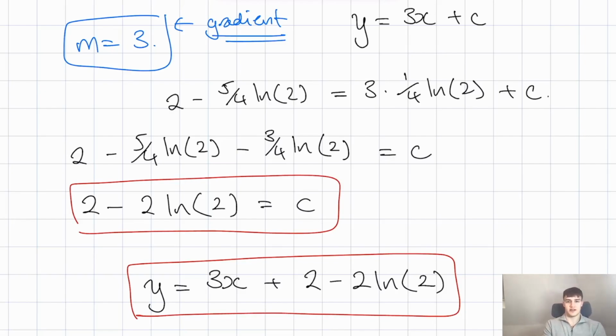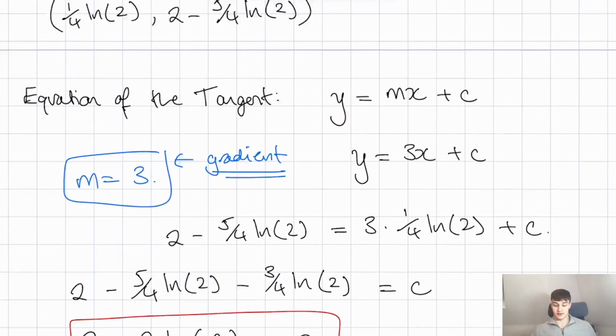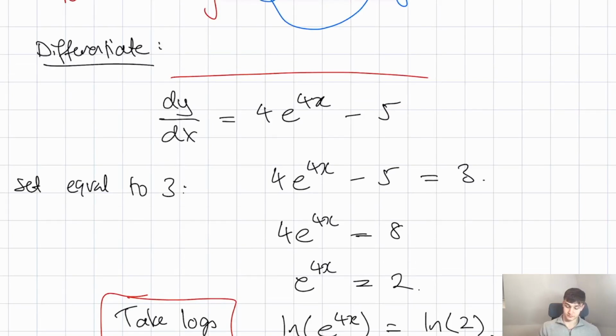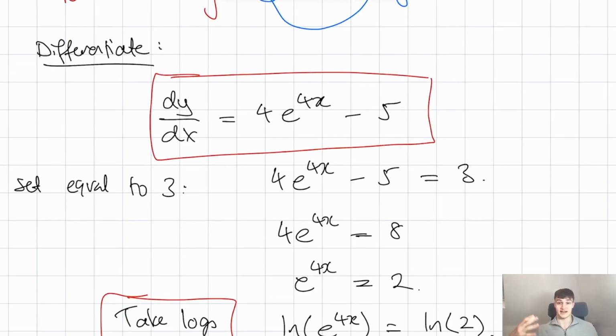Okay, so hopefully that makes sense. That was a little bit more involved. Of course, it's the challenge question, but if it's going to be parallel, it has to be 3x in there. So the real goal of that question was to find out how we work out what c is, and to do that, you need a point on the curve. To find that point, what we had to do was take the derivative here and set it equal to 3.